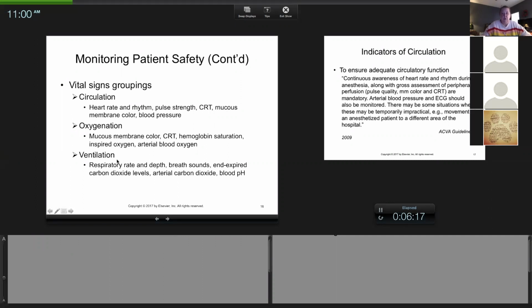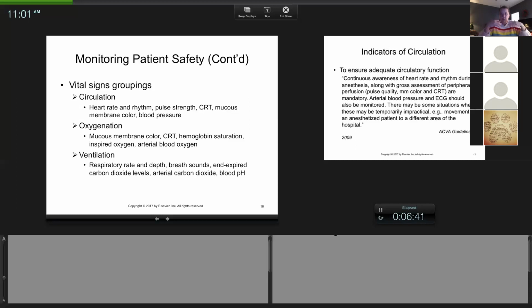And then how do we monitor ventilation? Now, ventilation and oxygenation are tied together. Ventilation, though, is bringing in oxygen and removing CO2 the other way. If my animal is breathing in and out, I would assume they are oxygenating. But the problem is, bringing in the oxygen is only one part of the equation.